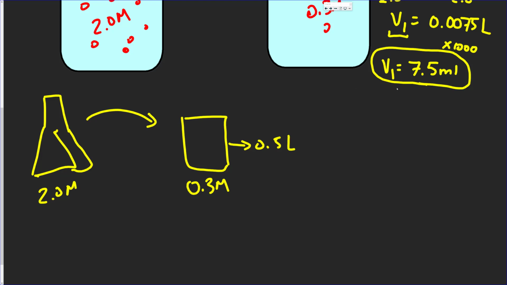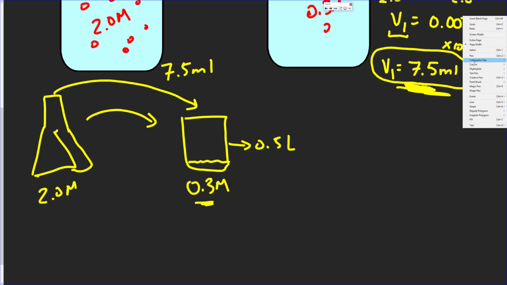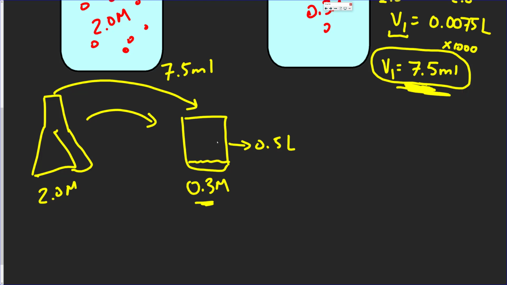So how exactly am I going to make this 0.3 solution? What you calculated is that this 7.5 is the amount of the stock solution you're taking. So you're taking 7.5 milliliters, you put it into here, and then you're going to fill the rest up to 0.5 liters of water.